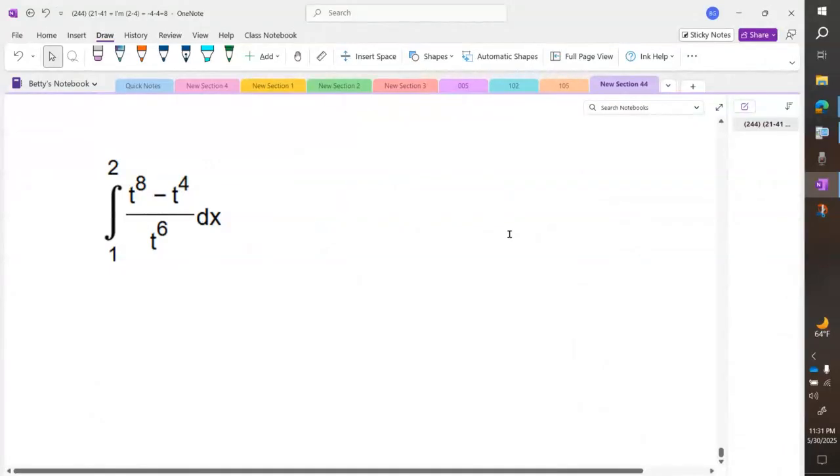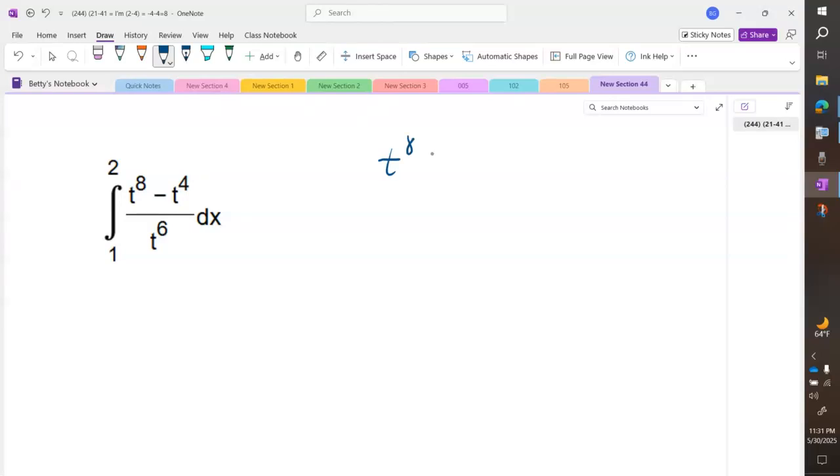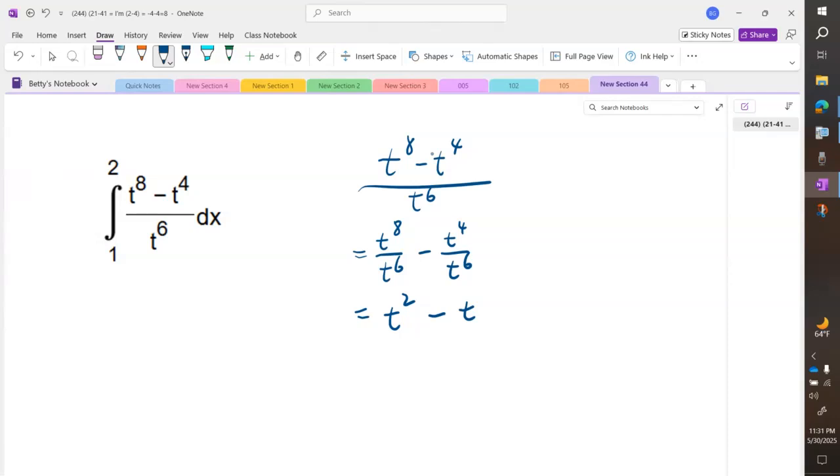Good news is the denominator only has one term, so we are going to split. We're going to rewrite the function as t to the a over t to the 6 minus t to the 4th over t to the power 6. T to the power a minus 6 is second power. And t to the 4 minus 6 is negative 2 power.